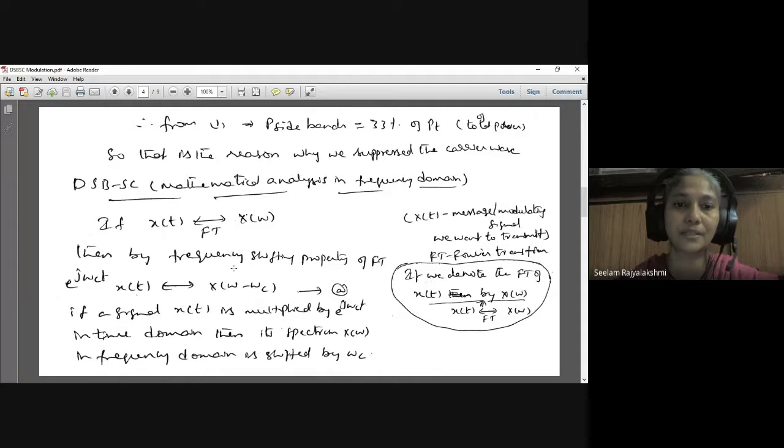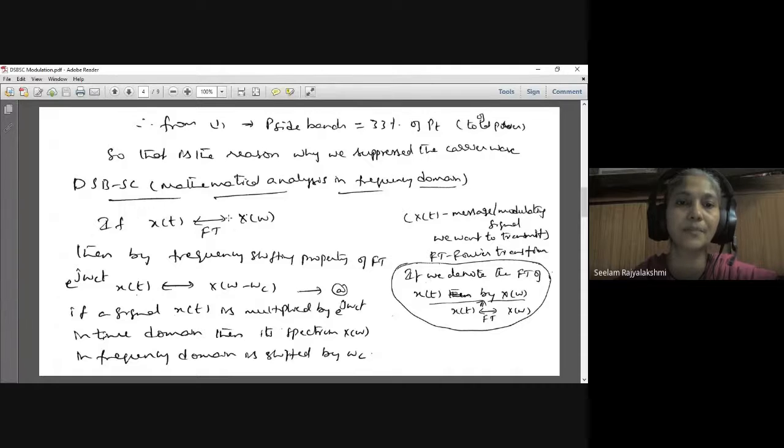Frequency shifting property means we have to multiply with e power j omega c t. So we multiply the message signal with this, e power j omega c t times x of t, while using the frequency shifting property of the Fourier transform.